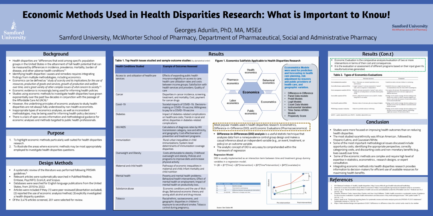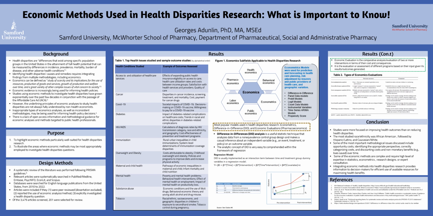The top 10 health issues studied in the sampled outcome studies were access to and utilization of healthcare services, cancer, COVID-19, diabetes, HIV/AIDS, immunization, overweight and obesity, maternal and child health, and mental health, substance abuse and tobacco.